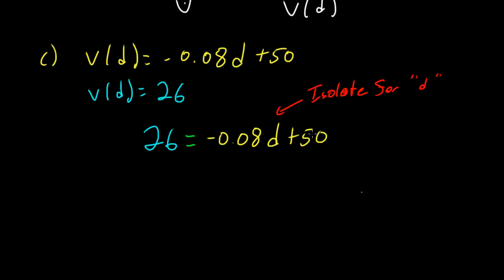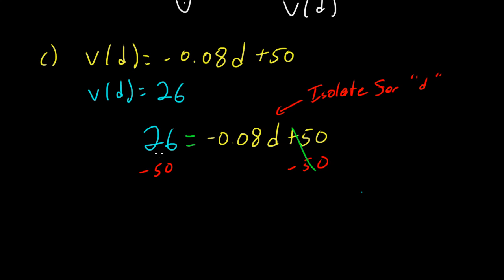I've heard things like SAMDEB, I think it was called, or reverse order of operations. I just call it isolation techniques. So I'm going to isolate my term with D in it. I'm going to subtract 50 from both sides, right?